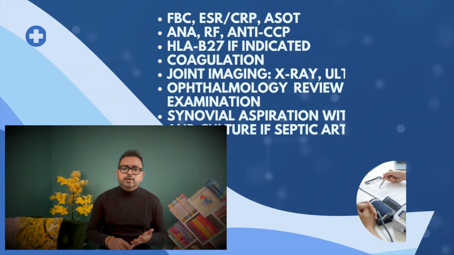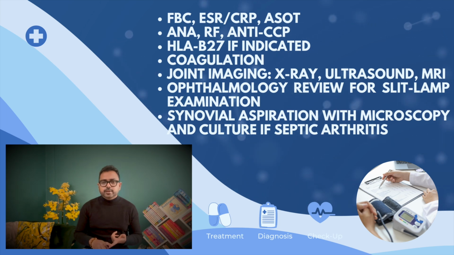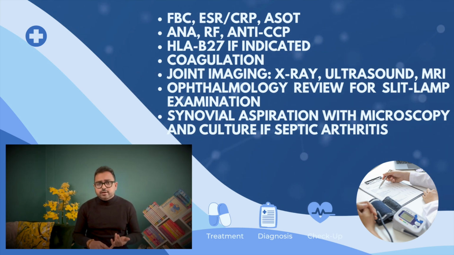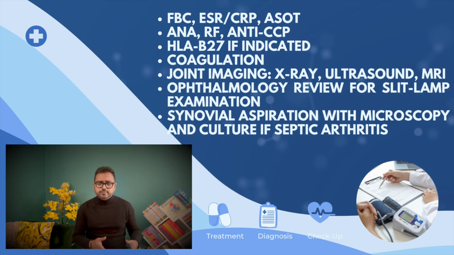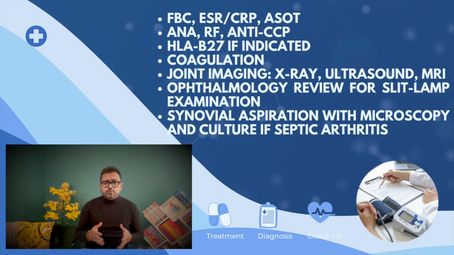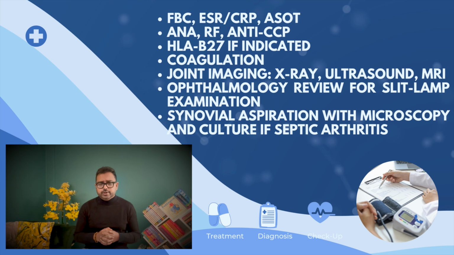The investigations. First, we have to do the baseline investigations: full blood count, urea and electrolytes, LFT, CRP, and ESR. Next, rheumatoid factor, ANA, anti-CCP. We can also consider X-ray or MRI if the joint is grossly involved, and we can also consider HLA-B27.